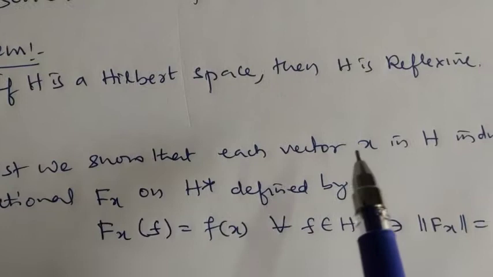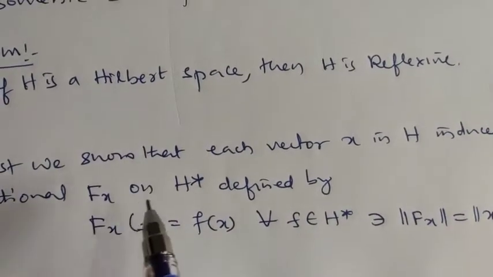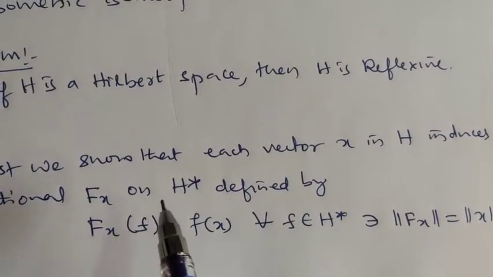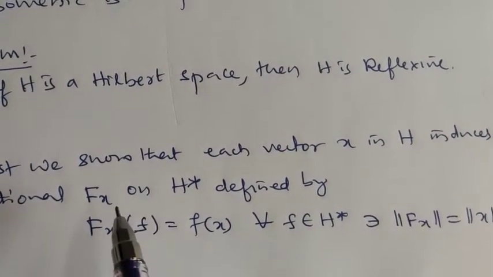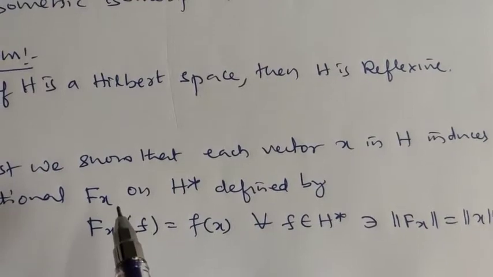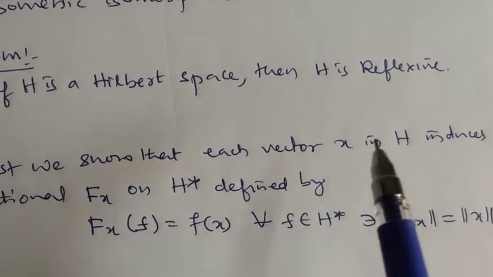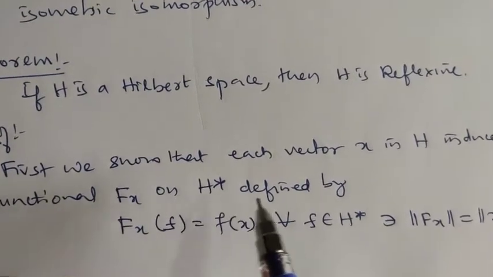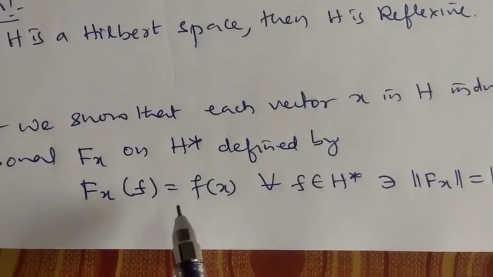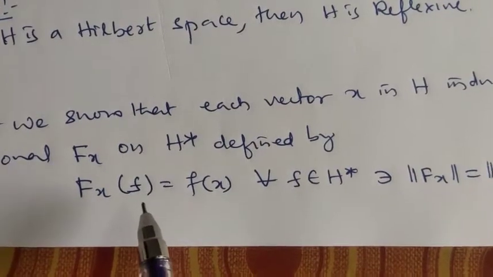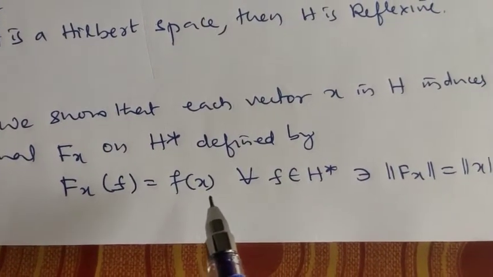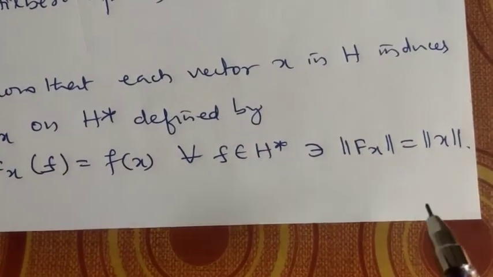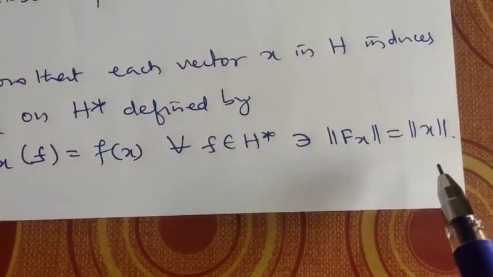Each vector x in H induces a functional fx on H star means fx is a function from H star to C, where fx belongs to H double star. So for each x in H, we have a function fx on H star defined by fx of f is equal to f of x for every f belongs to H star, such that norm of fx is the same as norm of x.